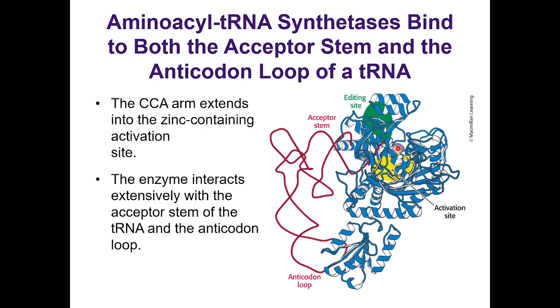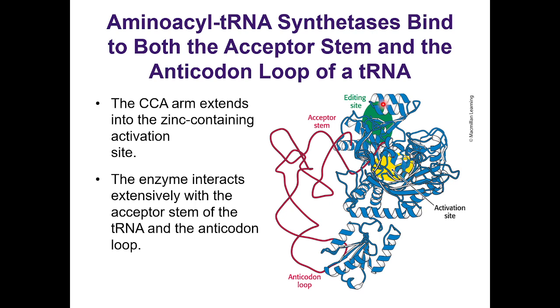So the enzyme is going to interact extensively with the acceptor stem of the tRNA and the anticodon loop. And right here's the anticodon loop. Notice it also matches up with this synthetase, right? See that? And so you're reading the anticodon loop down here. This is then matching the correct amino acid up here to your CCA arm.